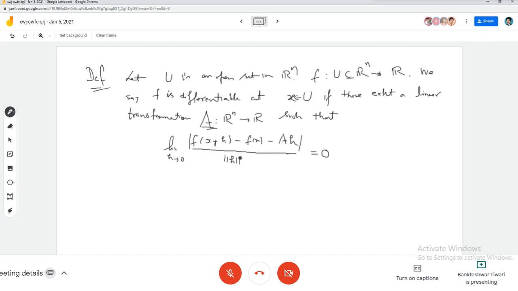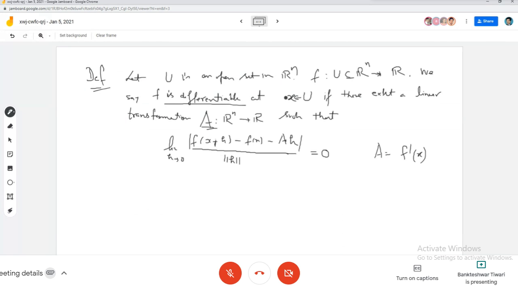If this limit becomes 0, then we say this A is nothing but the derivative of the function at the point x. This is the derivative, and we say that f is differentiable if this limit exists.